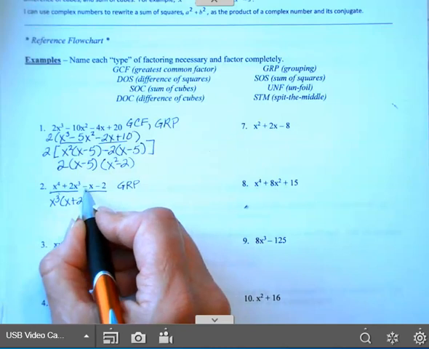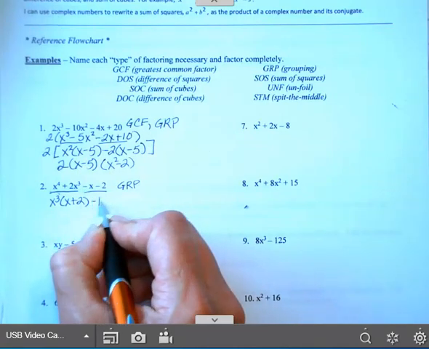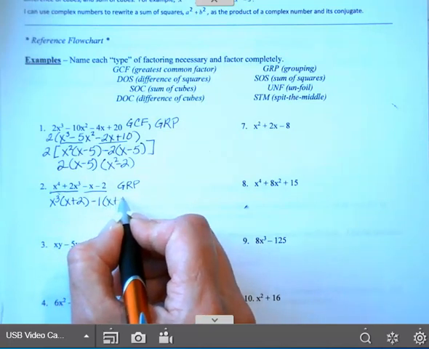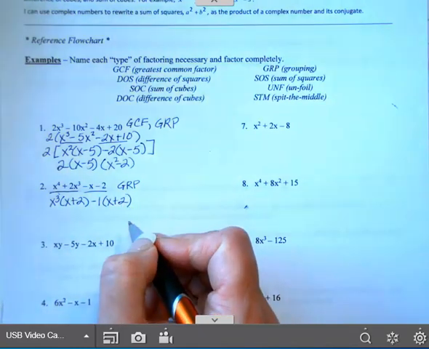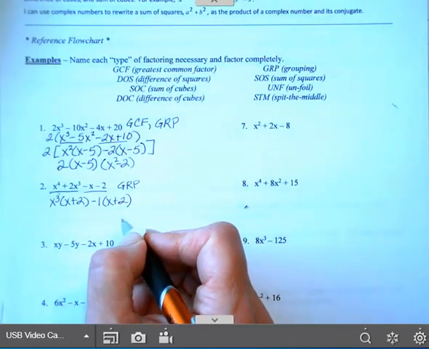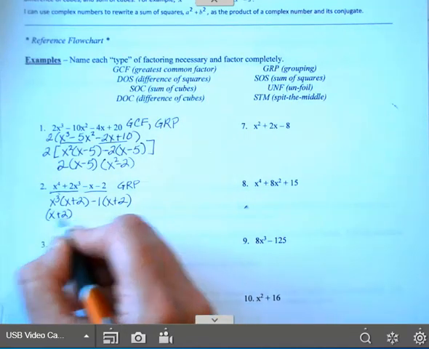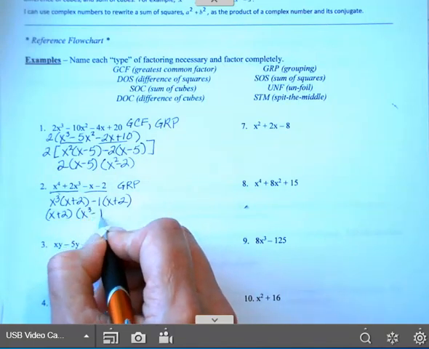And I have a negative here, so I need to factor that out, so that's going to be a negative 1. And then you're left with x plus 2. These have an x plus 2 in common, and that leaves you with x cubed minus 1.